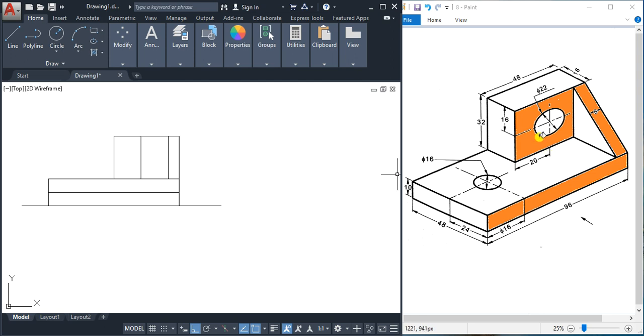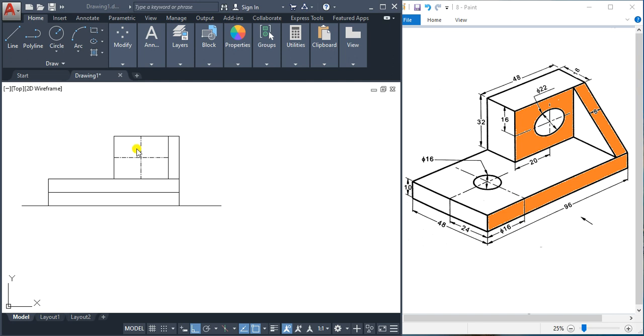And horizontal axis line also we have to draw. That horizontal axis line is at a distance of 16 from this line or bottom in any way. So we'll measure 16 from here, and from that we'll draw horizontal axis line, maybe up to here. So now we'll make these two lines as axis lines.